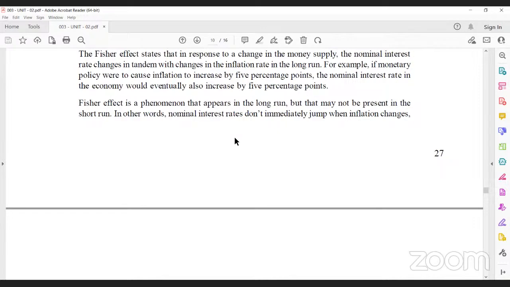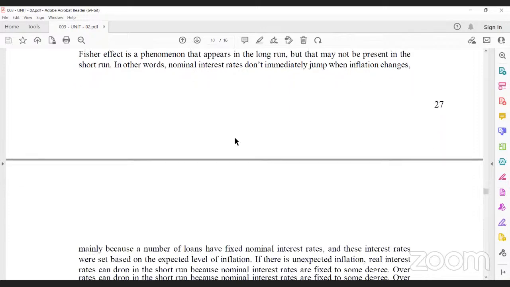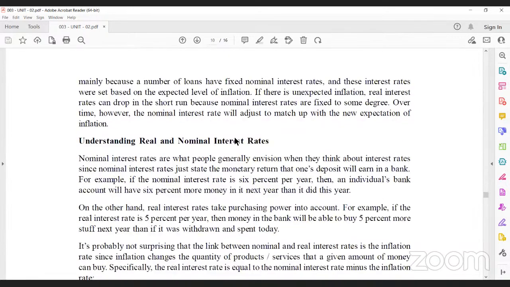In other words, supposing interest rates don't immediately increase when inflation changes. The reasons could be that a number of loans have fixed nominal rates. Interest rates were set based on the expected level of inflation.